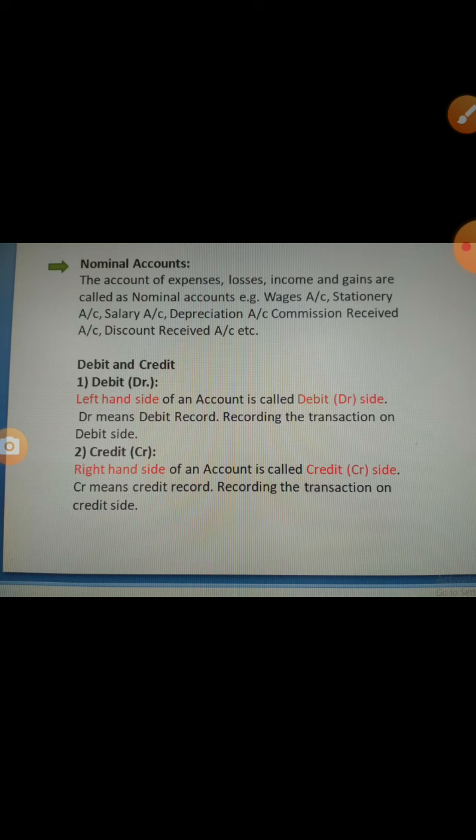Normally the left hand side of an account is called debit side and right hand side of an account is called credit side.